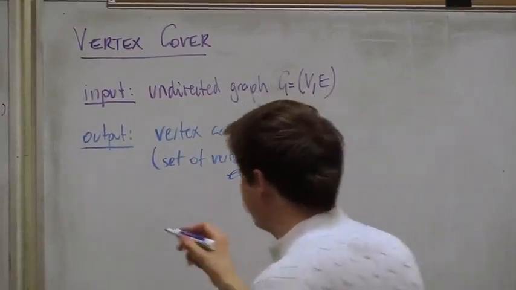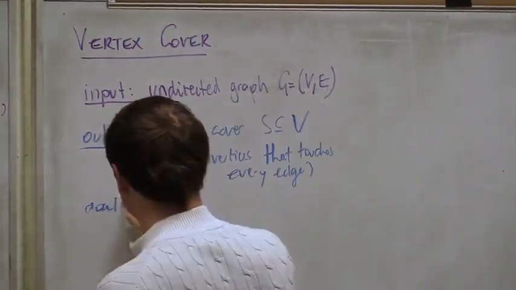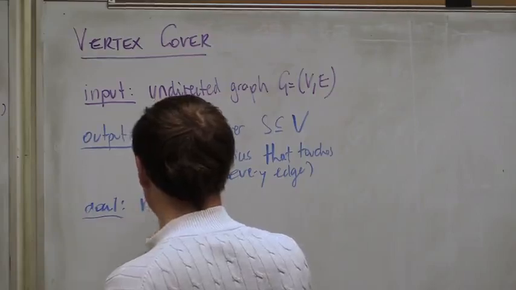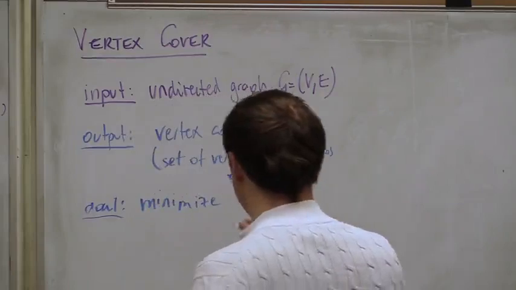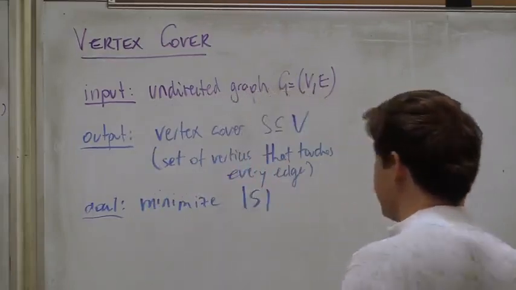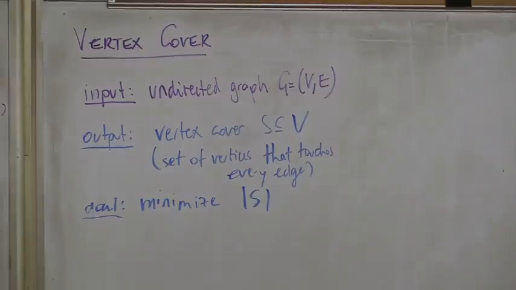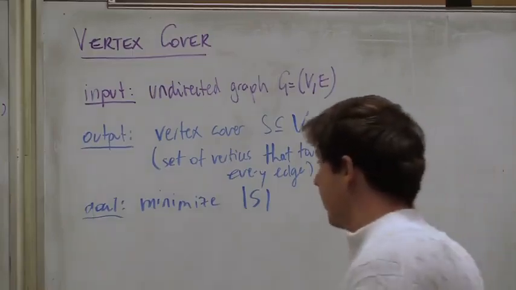And the goal is to minimize the size of the vertex cover, so this is a minimization problem. Clearly, it is easy to find vertex covers that are all the vertices. But finding the smallest one, it turns out, is a hard problem.